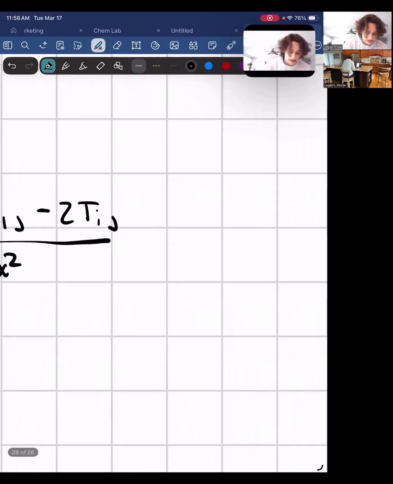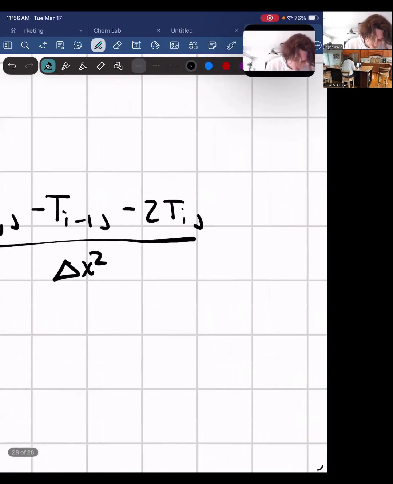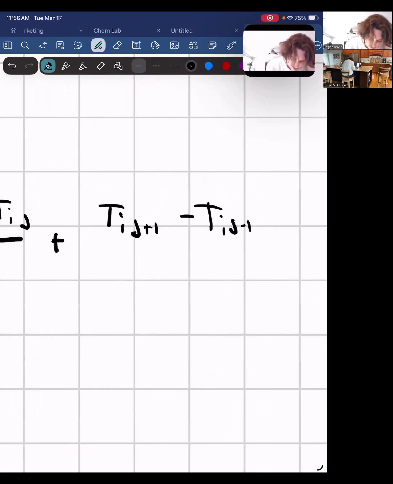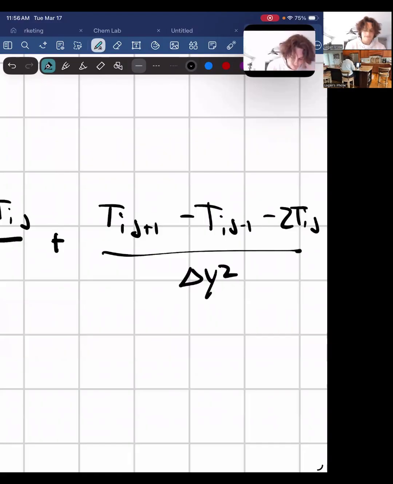Right. And then we can do the same thing for the y direction. T i j plus 1 minus T i j minus T i j minus 1 minus 2 T i j over delta y squared.